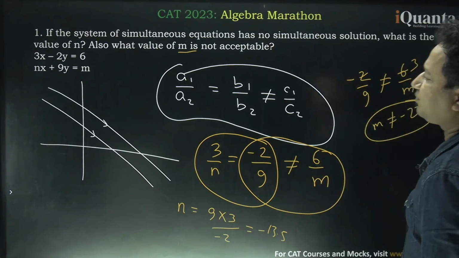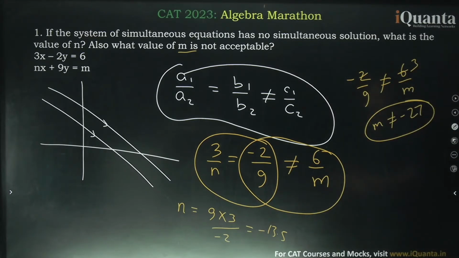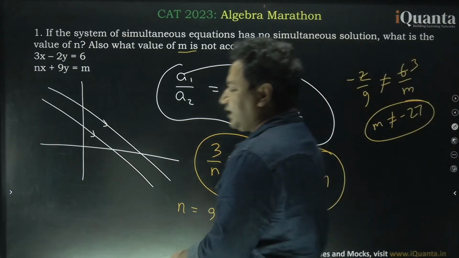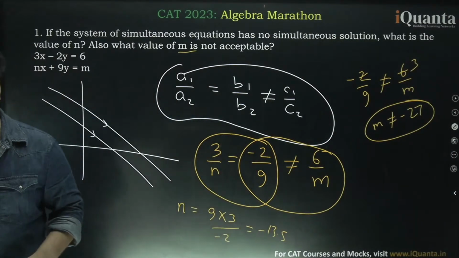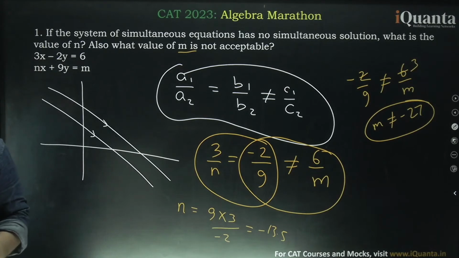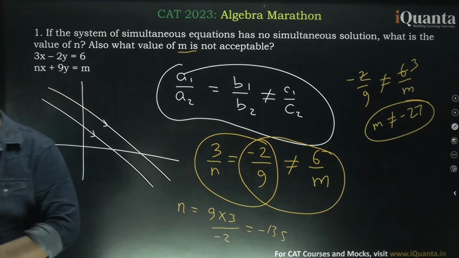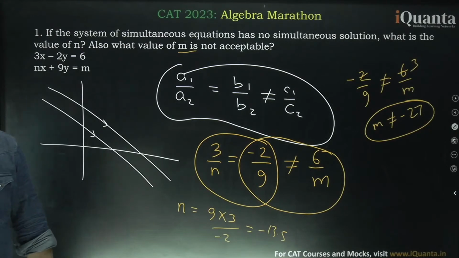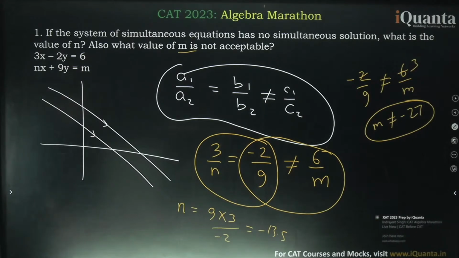So m should not be equal to minus 27, and n should be equal to minus 13.5. That is our answer. Clear, all of you? So we can have different questions based on this single concept. Okay. Now let us extend this concept. Let's do that.